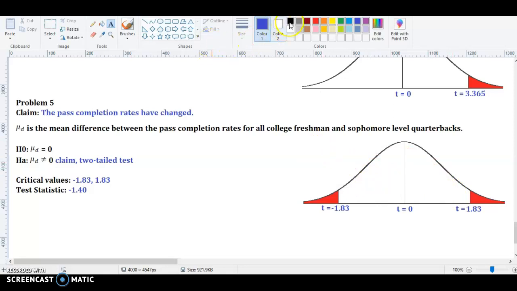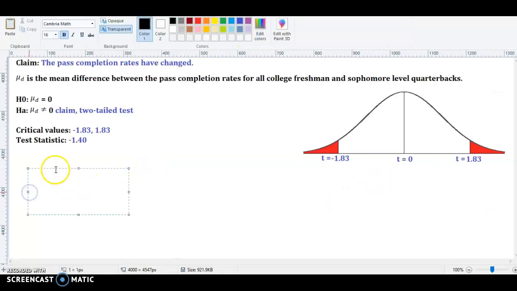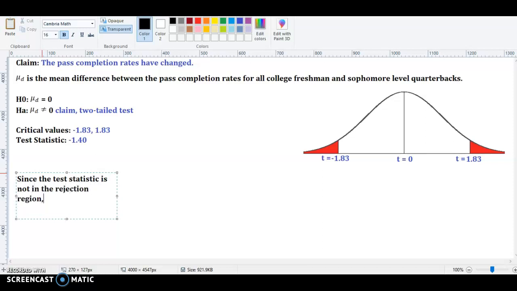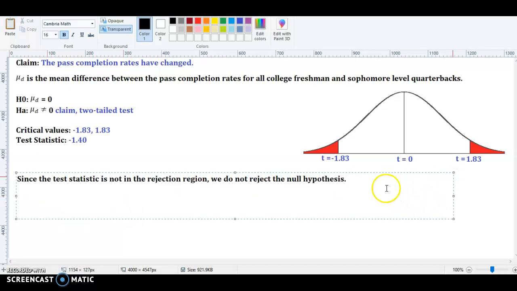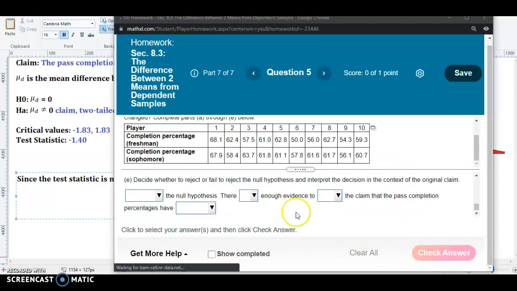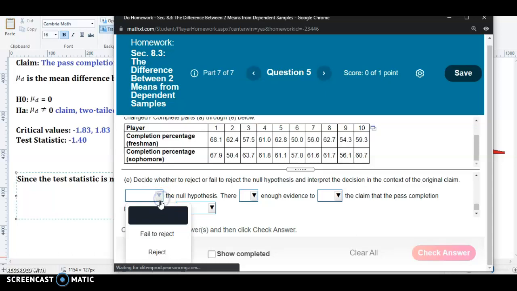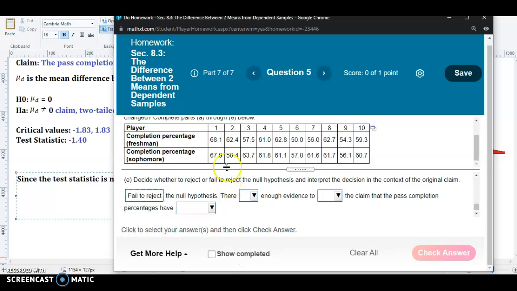What that means is that we do not reject the null hypothesis. Since the test statistic is not in the rejection region, we do not reject the null hypothesis. We're going to select that as our answer choice. Remember, the claim is represented by the alternative hypothesis.